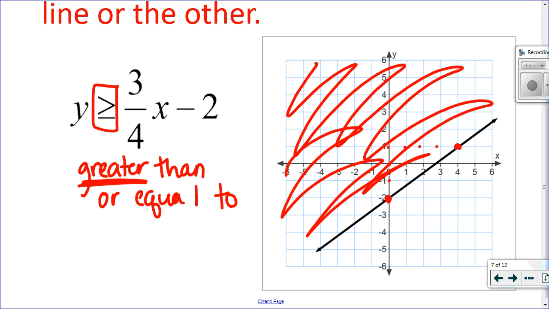So this inequality involves graphing my line and then deciding where I'm going to shade, above or below. Now also notice that this is a solid black line, right? That solid line is because it says equal to. So that solid line is going to be also equal to. Greater than, I'm shading above.